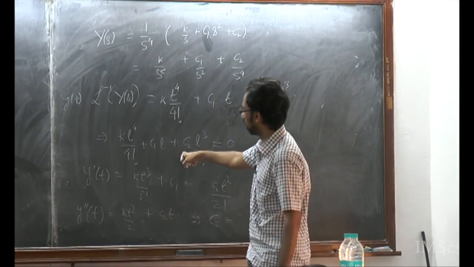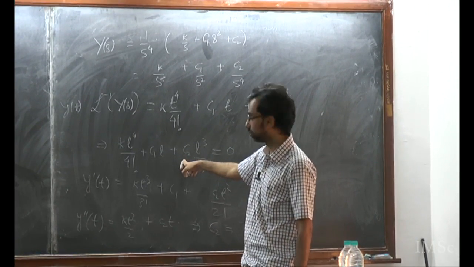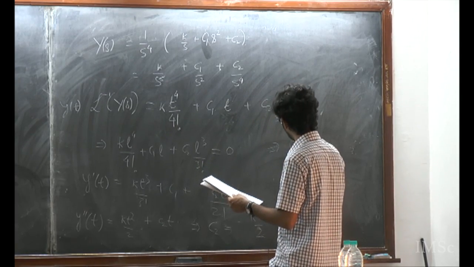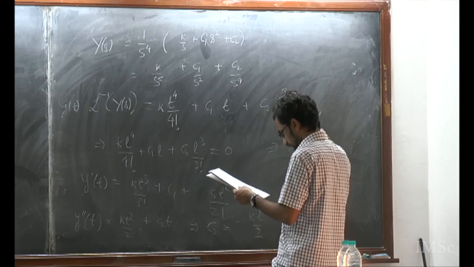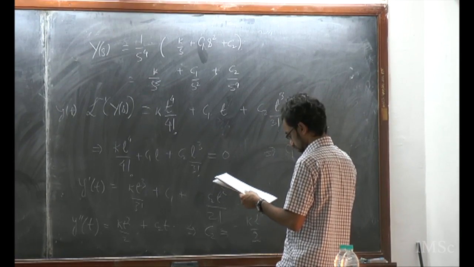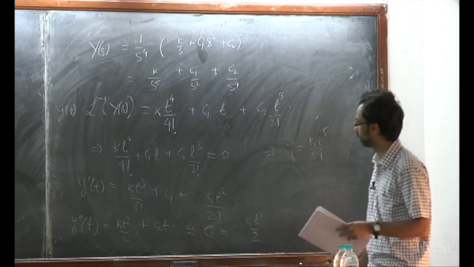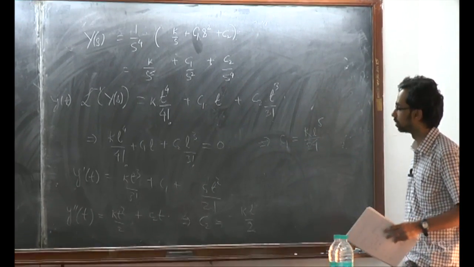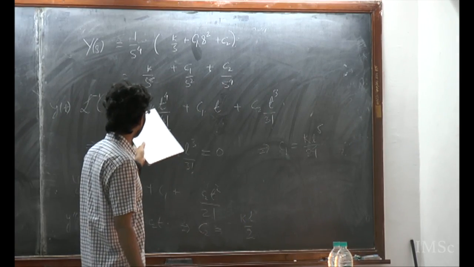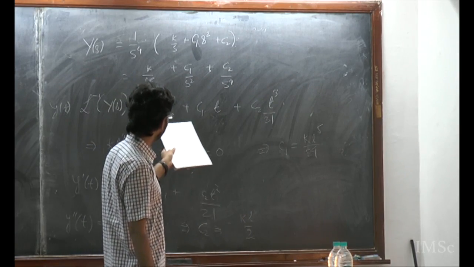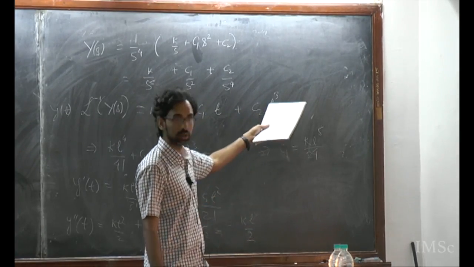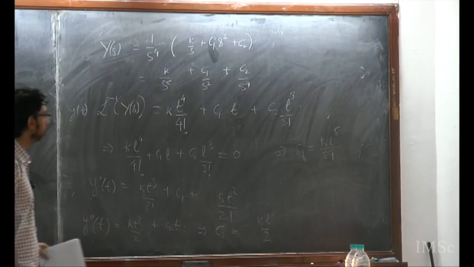And so you can just plug in here the value of C2 and you can find C1. So let me just write down the answer. C1 is k L to the power 5 by 24. Just compute that this is true. So in fact you have the solution k t to the power 4 by 4 factorial plus you know C1 t plus you also know C2 t cube by 3 factorial. Okay, is this clear?